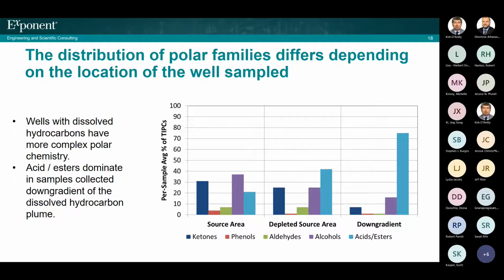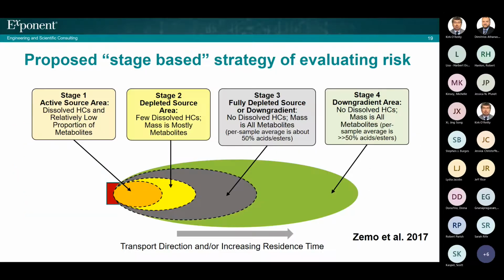They have the lowest toxicity. So in the source area, you have hydrocarbons, and they're really driving the toxicity, the risk. And down gradient, where you have just these polar, oxygen-containing compounds, we think the screening limits should be higher because the compounds are less toxic.